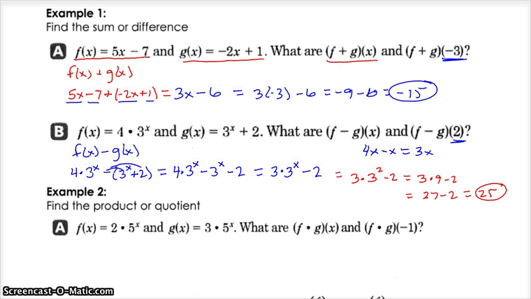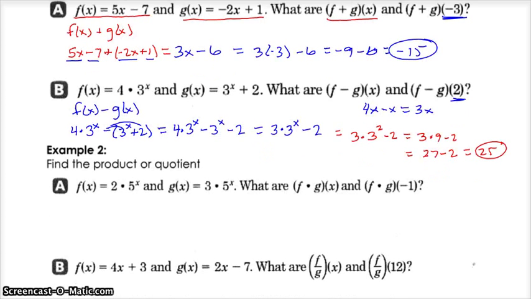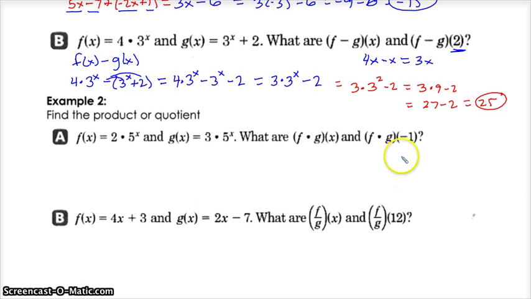All right, moving right along to multiplication and division. Okay, same idea. f times g of x is f of x times g of x. We are given that f of x is 2 times 5 to the x, and g of x is 3 times 5 to the x.